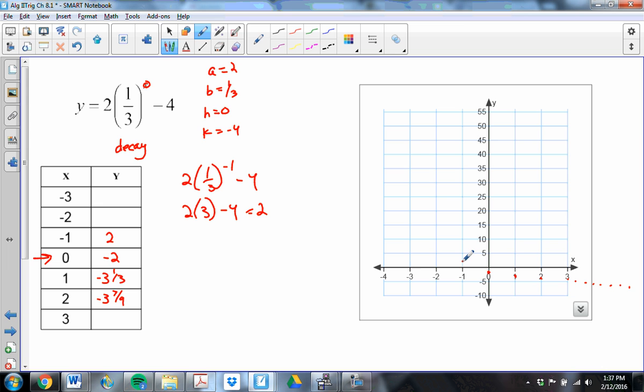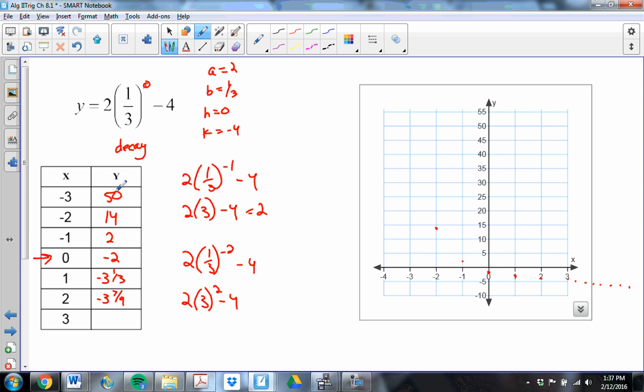This is the point -1, 2. I plug in -2. Negative flips the fraction over, so it's really just 3 squared. It's 9, 18 minus 4 is 14. So -2, 14 should be right about there. I can keep going like this. The next one, -3, becomes 27, 54, 50.